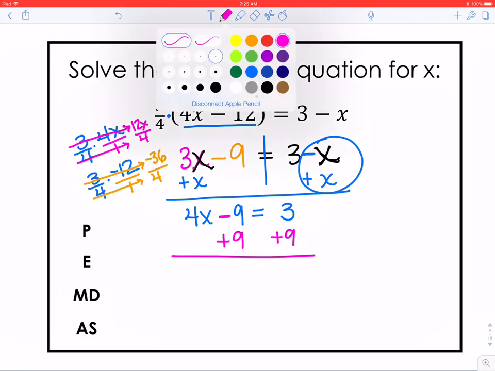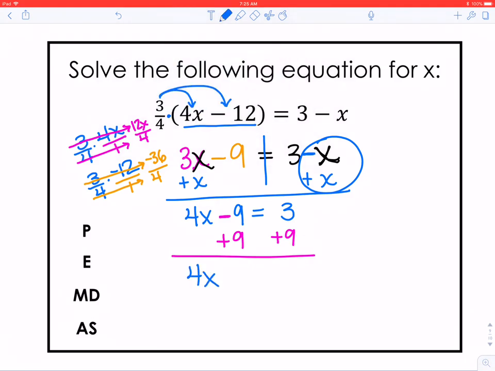Draw your line and let's update. 4x plus 0 is equal to 3 plus 9 is 12. Good, and then the only thing we have left to undo is our multiplication. Inverse for multiplication is division, so we're going to divide by 4, divide by 4. So x is equal to 12 divided by 4 is 3.